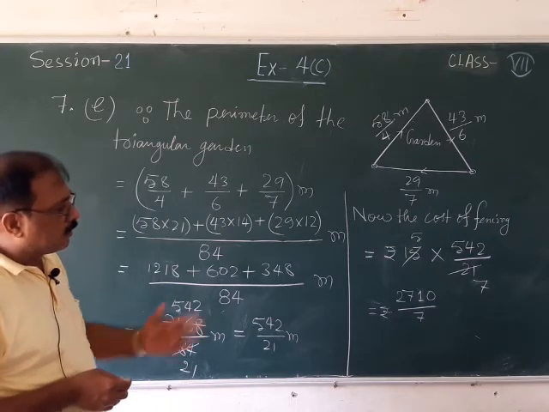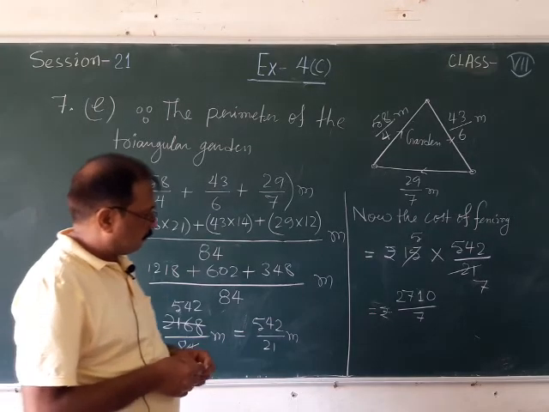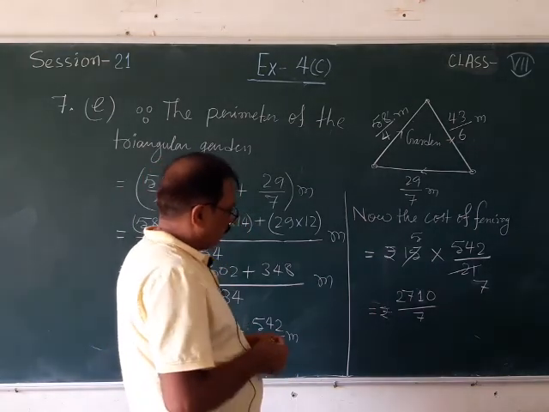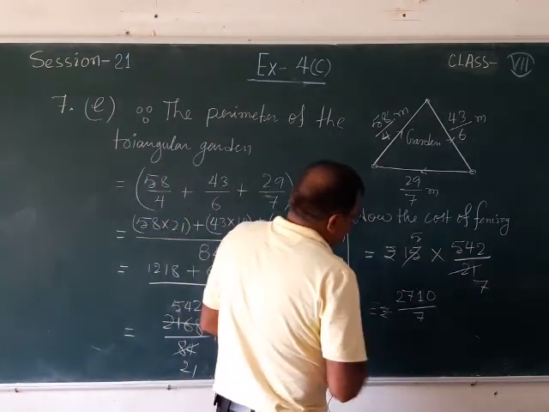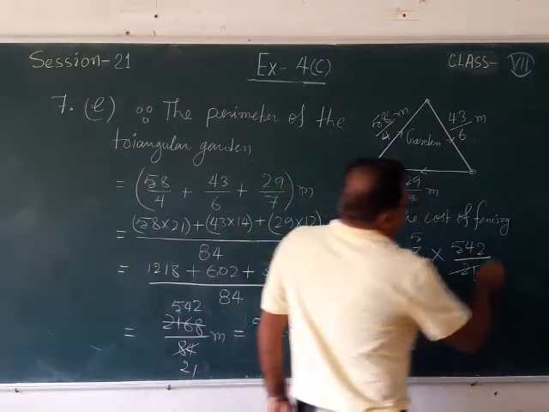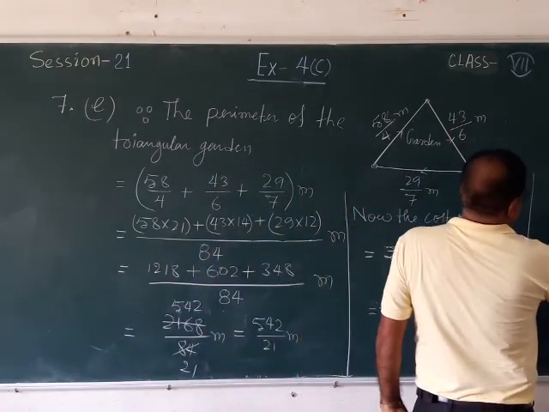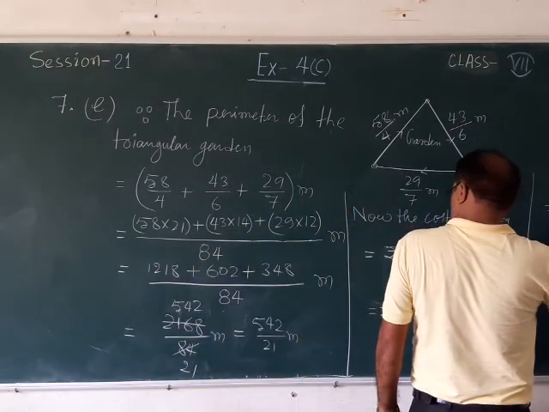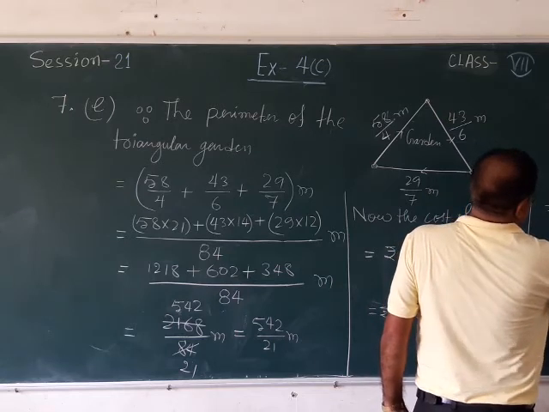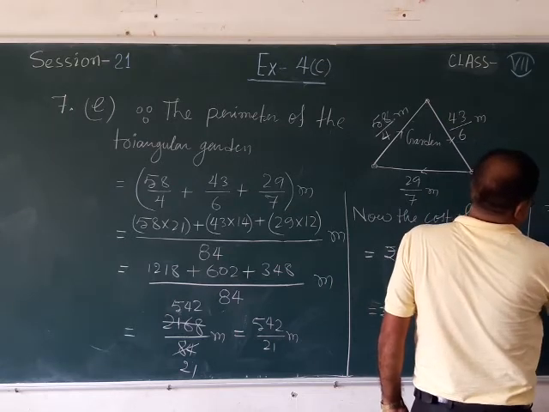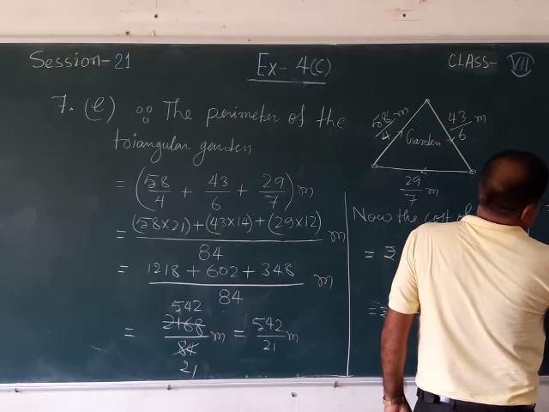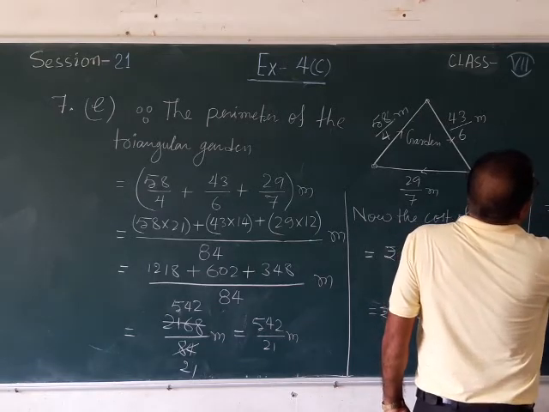Okay, now you can change it into mixed fraction, then you will have the answer. So always try to change it to mixed fraction. I am going to change it. Dividing by 7, 2710 will be 7 3 are 21, then 6 161 will be there.